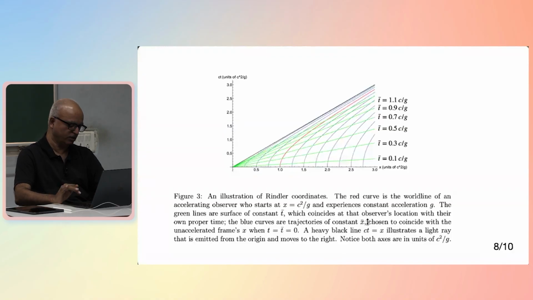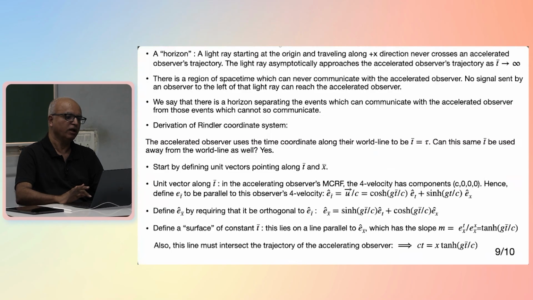So, now we get to this very interesting part. You have seen trajectories of accelerated observers. Now, see what is happening. This trajectory at x equals 1 is asymptotically tangential to the direction of the light ray. So, that has important consequences, just keep this in mind.